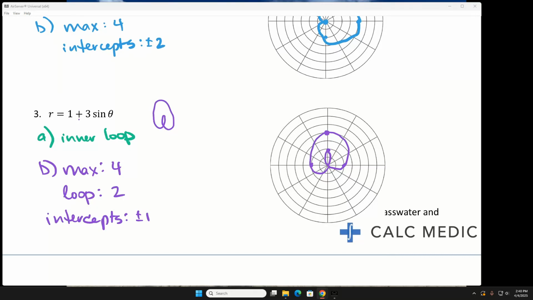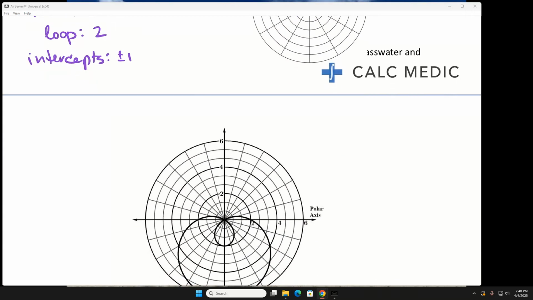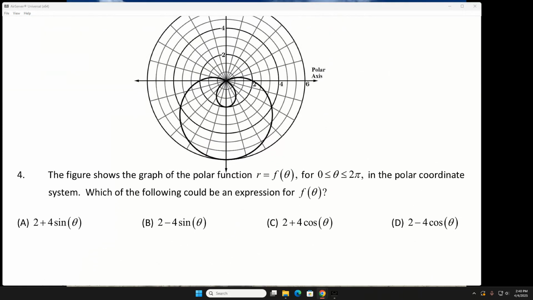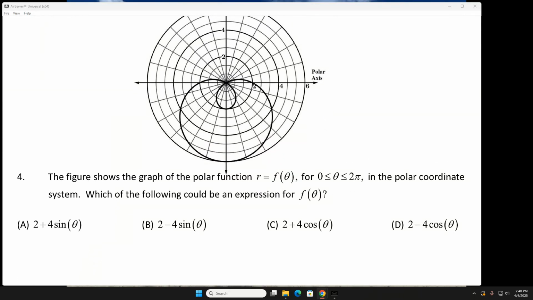All right, when we look on the next page, you can see what an inner loop is supposed to look like. What we're going to do is pick out which expression is this function. You can see the inner loop.